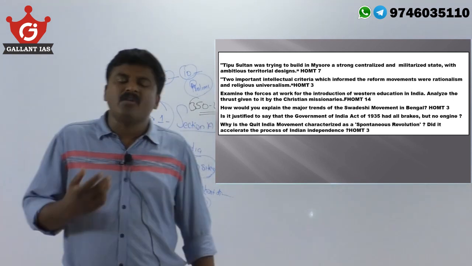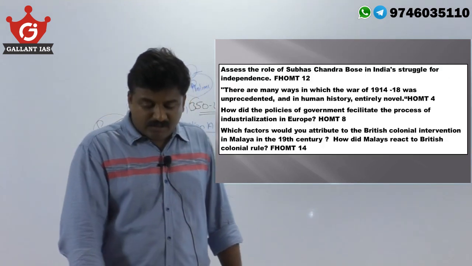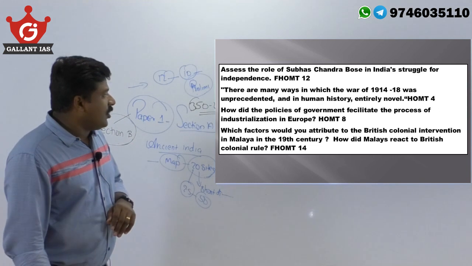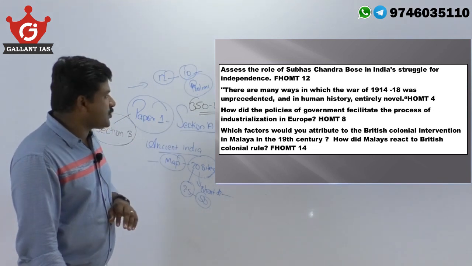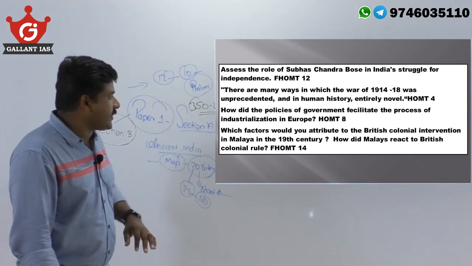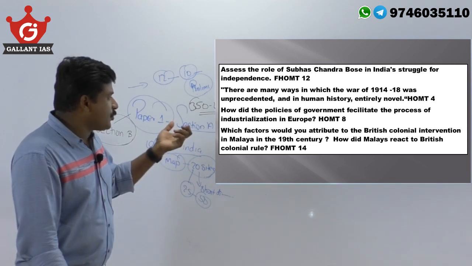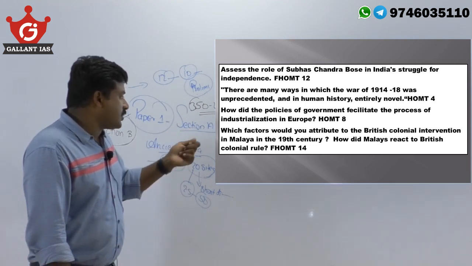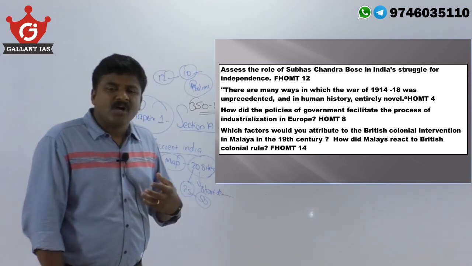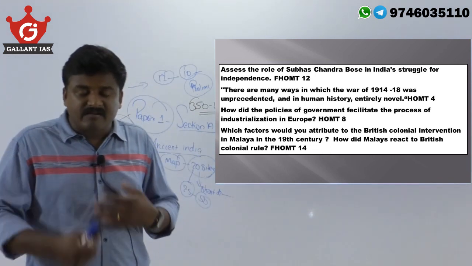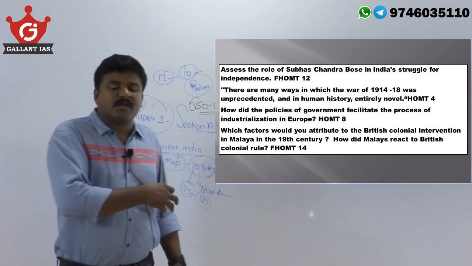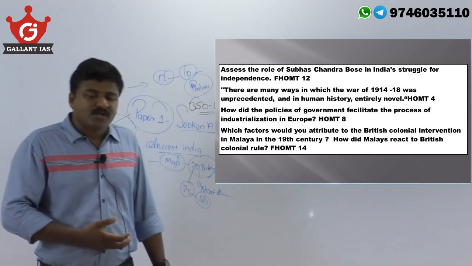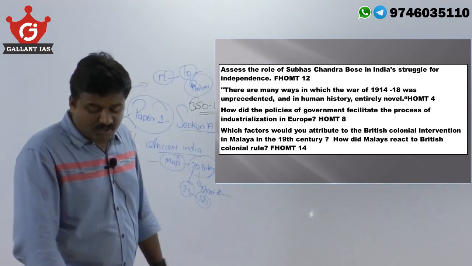Just to see, all these are repeated questions about Subhash Chandra Bose and his role in freedom struggle, or the war of 1914-18 and its consequences, or the process of deindustrialization in Europe, or British colonial intervention in Malaya in the 19th century. Just to see all the questions, either they are repeated questions or they have already been asked in our model test or mock test or full test. So this is an advantage. You can easily finish it off.